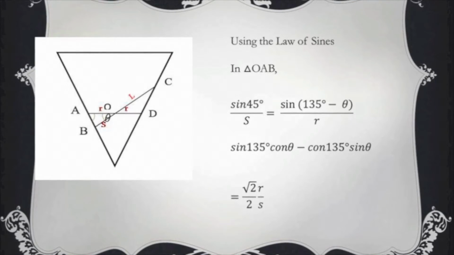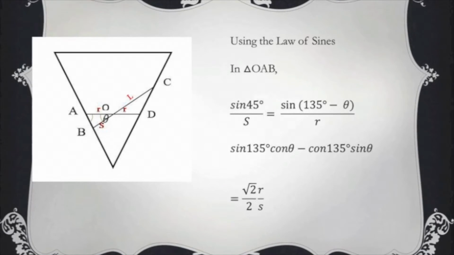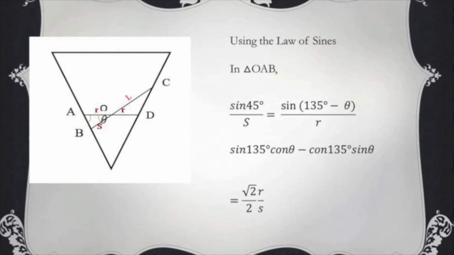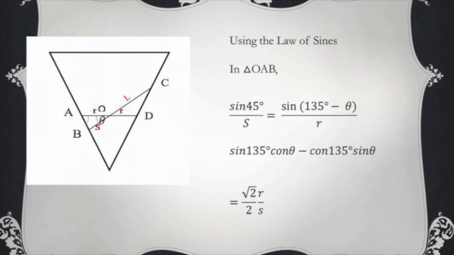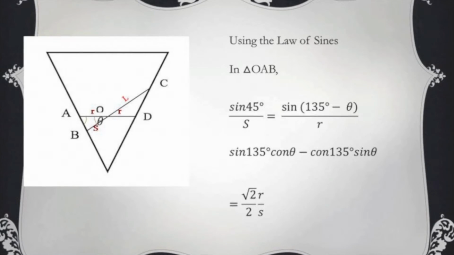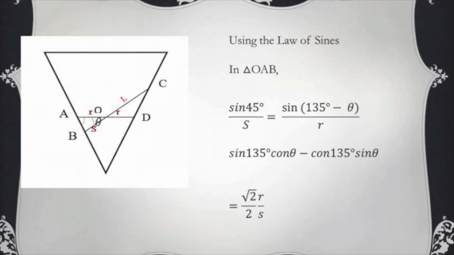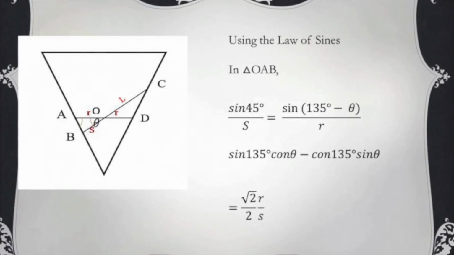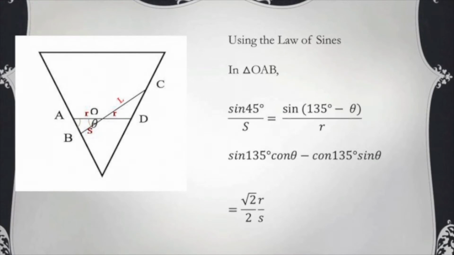So in triangle OAB, we are using the law of sines. So sine 45 degrees over S equals sine of (135 degrees minus theta) over R. So it becomes sine 135 degrees cosine theta minus cosine 135 degrees sine theta, so it becomes root 2 R over 2S.